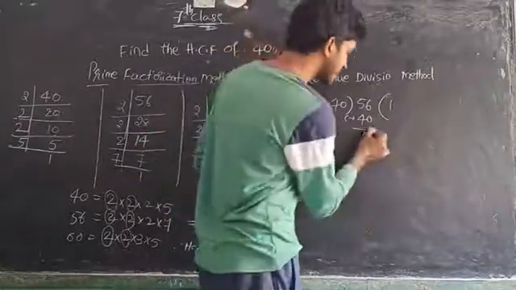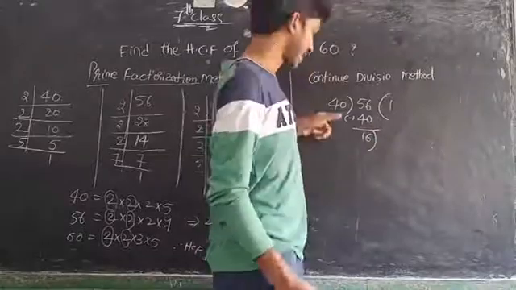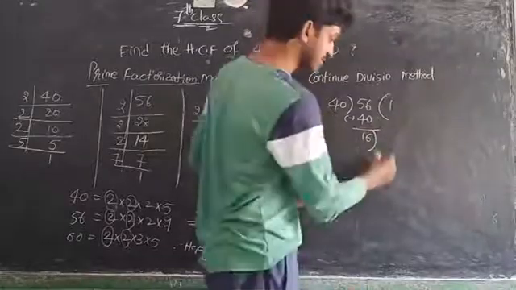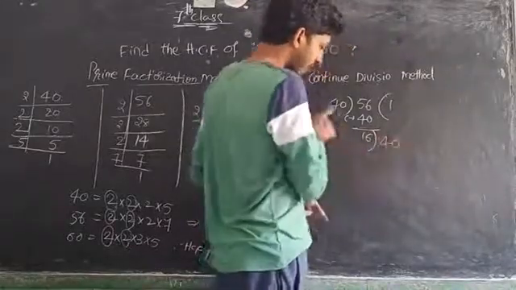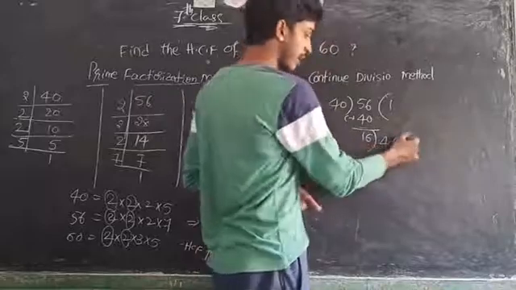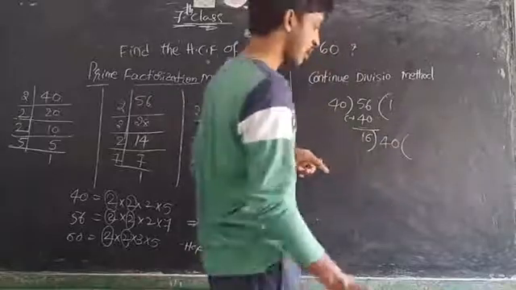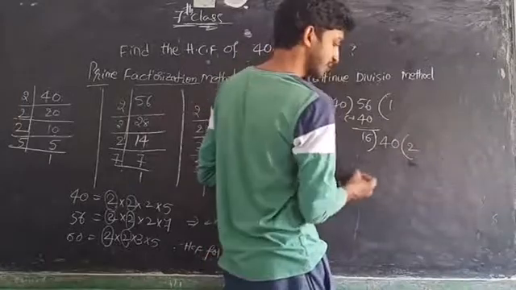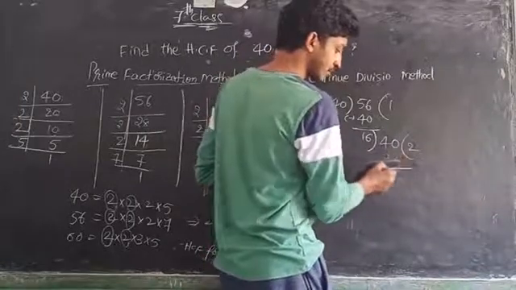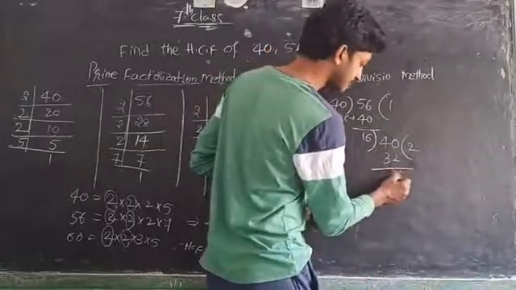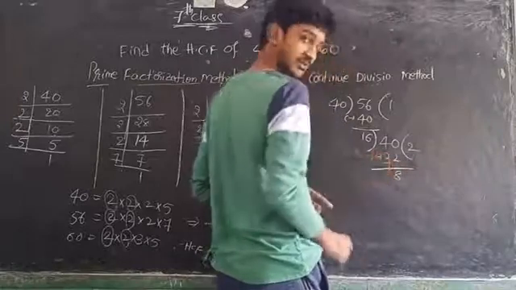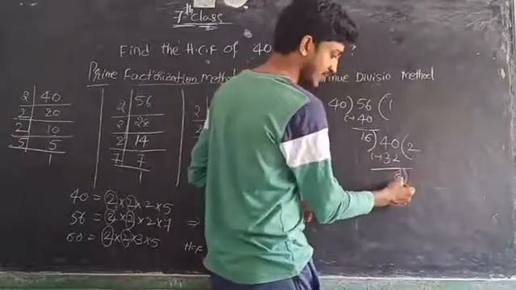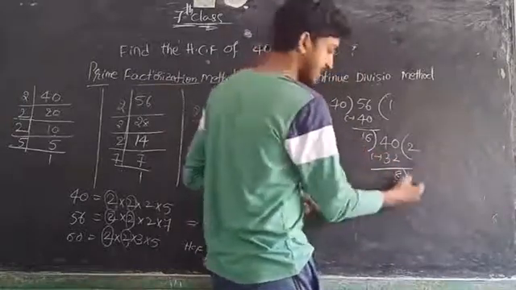Now I am taking this remainder as the divisor and this divisor as the dividend. Now I am dividing 40 by 16. How many times? 2 times. 2 into 16 is 32. We get the remainder 8. Okay, I am taking this remainder as the divisor.